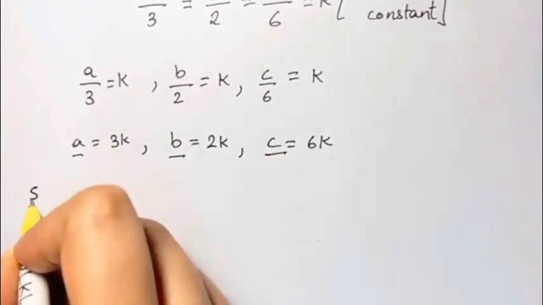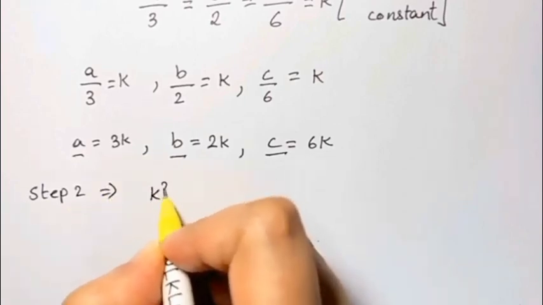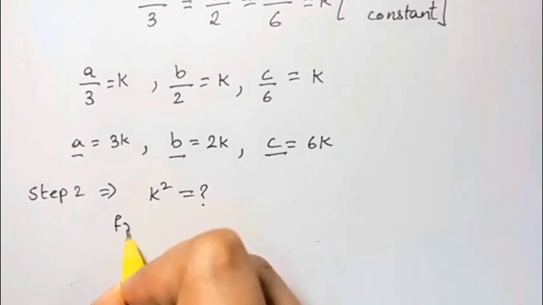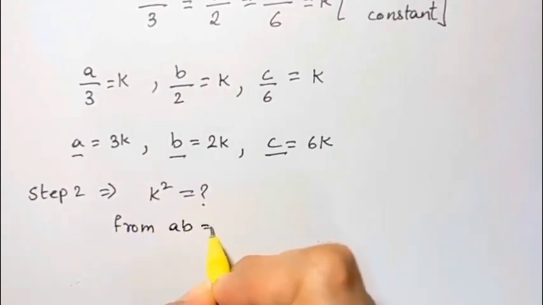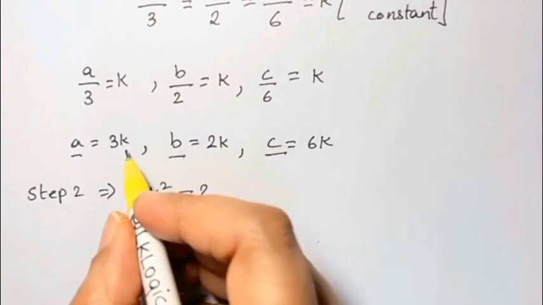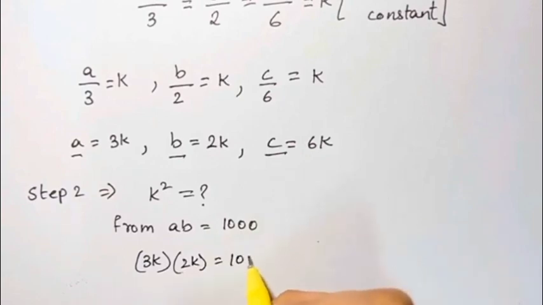What's the second step? So in step 2, we're going to find the value of K square. How can we find it? From the question, we have AB is equal to 1000. So let's substitute the values of A and B. It's 3K times B is 2K, which is equal to 1000.